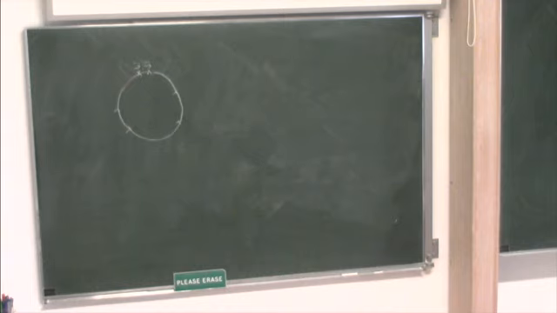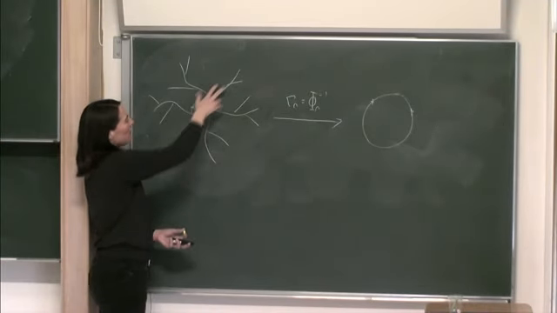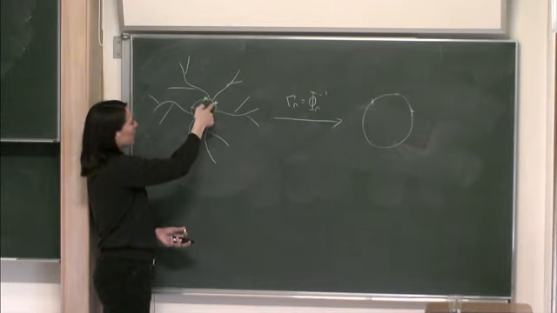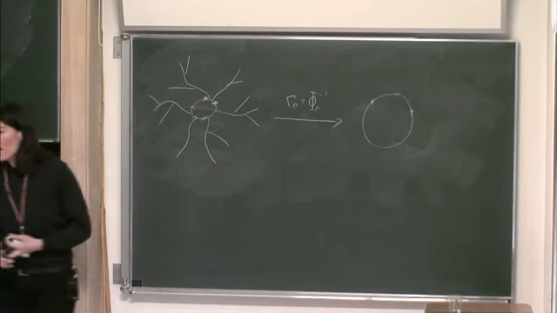So let's go back to this picture over here. Let's just take n points on the unit circle, and what we want to know is, as the cluster grows, how does the harmonic measure grow between each adjacent pair of these points?